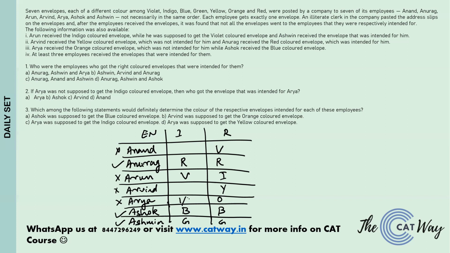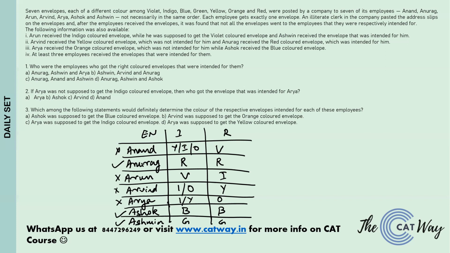So the intended envelopes for Arya were either indigo or yellow. Now talking about Arvind, for him it will be either indigo or orange, because he cannot get yellow or violet. Now for Anand, it will be either yellow, indigo, or orange.